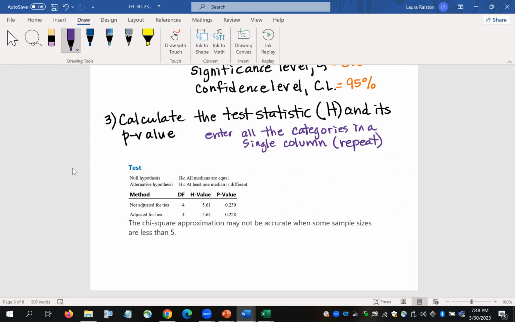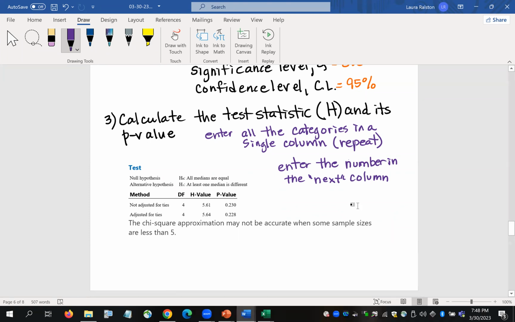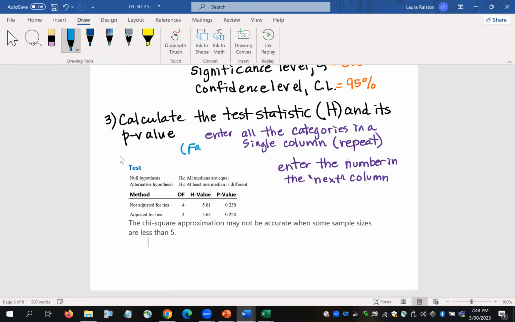Then you enter the numbers in the next column. The categories, remember, are what we call the factor. The numbers are your response.